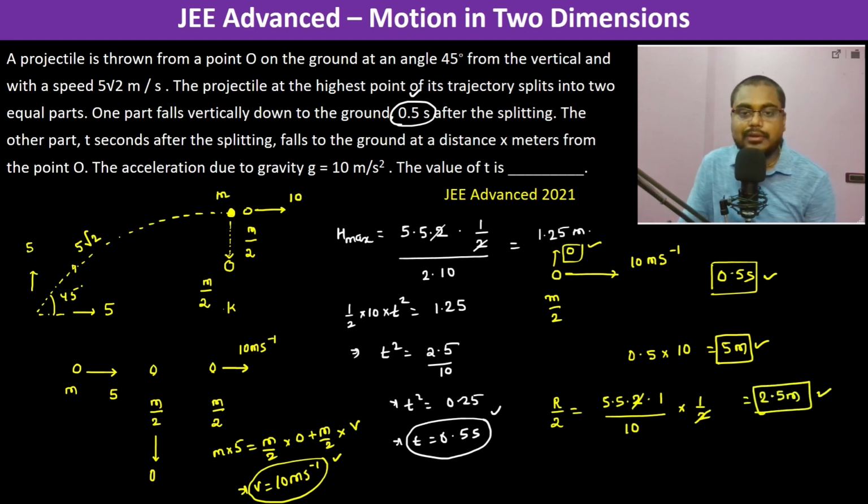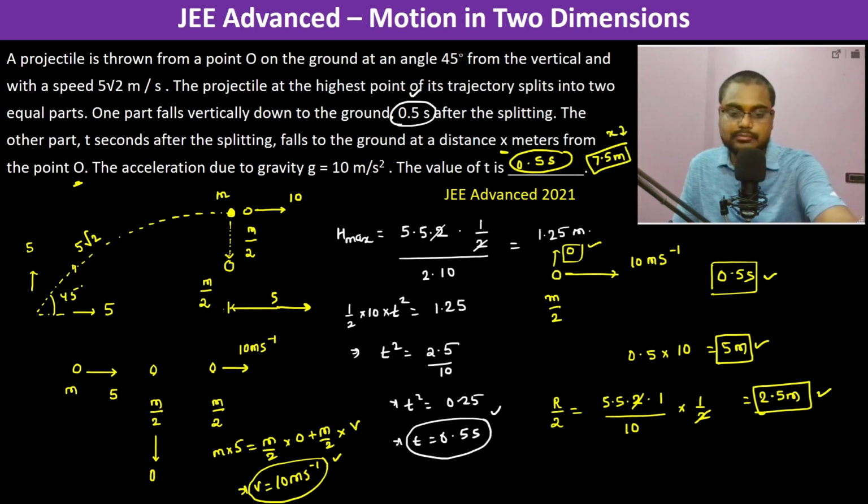So already 2.5 meters it has traveled. So the value of t is 5 seconds because after the splitting, and distance x meters from the point O. Okay, so from here it traveled 5 meters and it already had 2.5 meters, so therefore it is going to travel 7.5 meters. This is x. Okay, thank you.